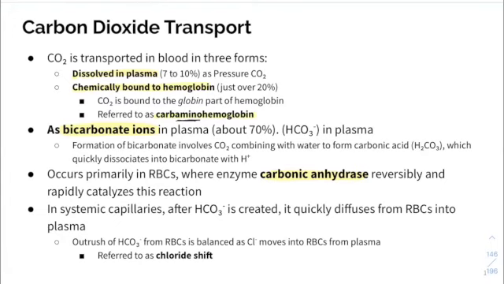Then once we have carbonic acid, it will dissociate into a hydrogen ion and a bicarbonate ion.